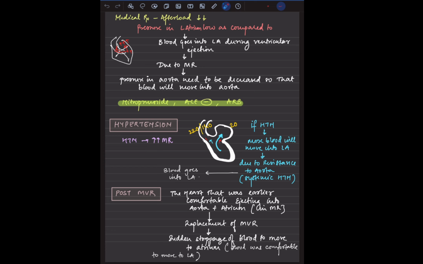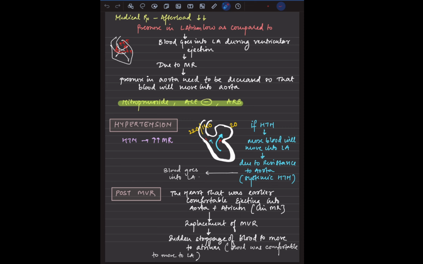But it is not the case, because the heart earlier was comfortable ejecting into the aorta as well as into the atrium. Okay, so this is the heart. It is ejecting into the aorta as well as into the left atrium. The heart has acclimatized, right? It is comfortable now. It is thinking that this is my job now.